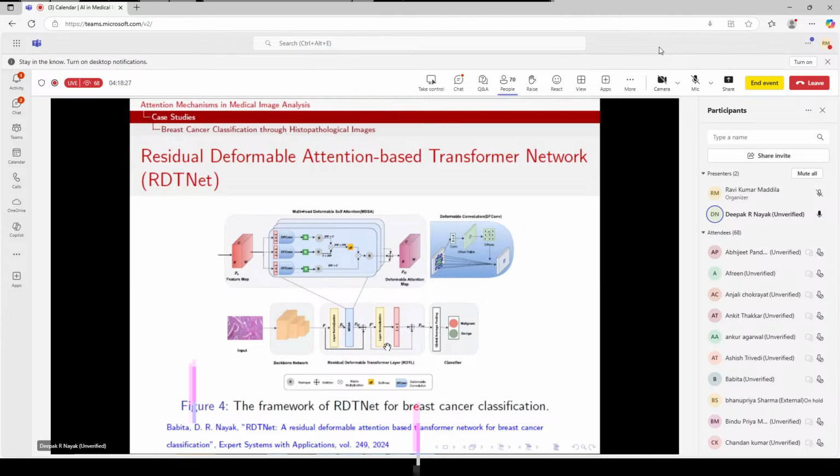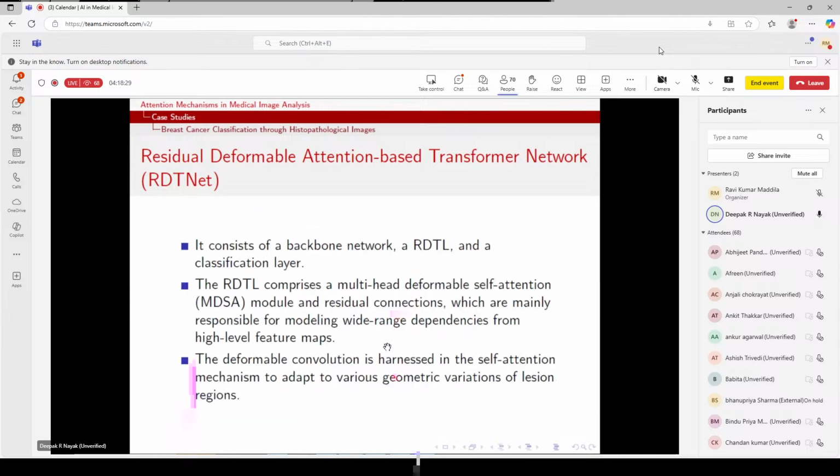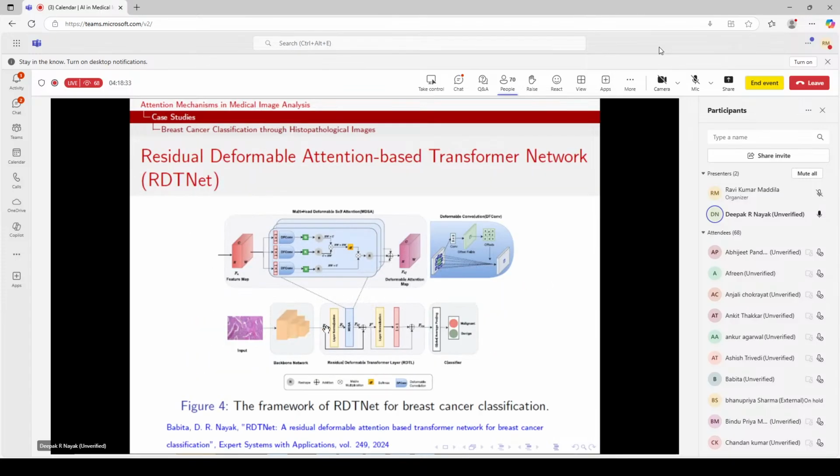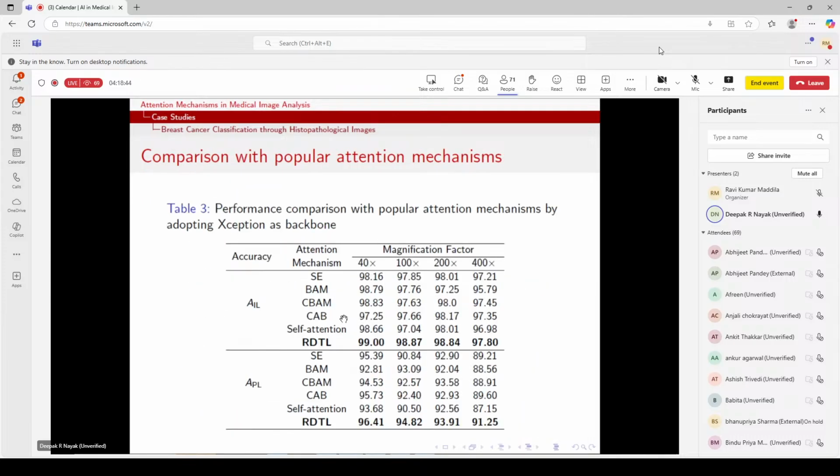With this, what you are getting are some interesting results compared to the traditional attentions. If you integrate the traditional attention mechanisms here, or combine them with the transformer layer, you get this kind of result.